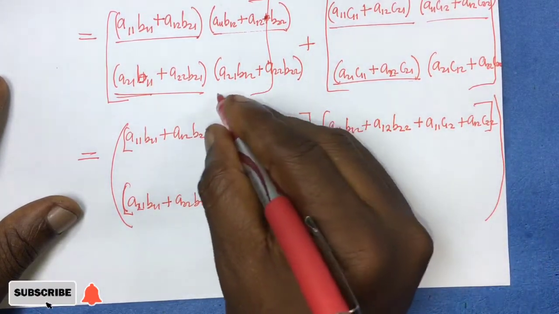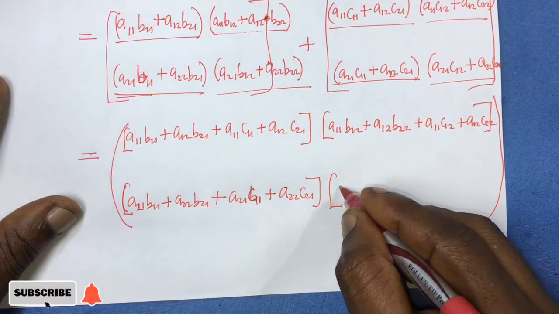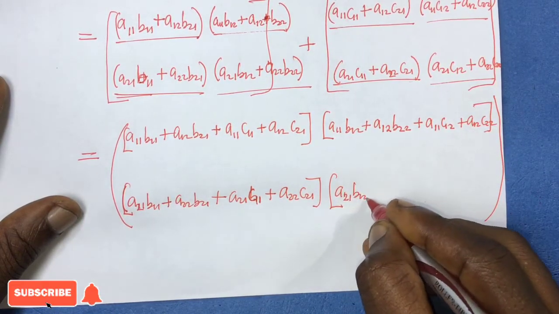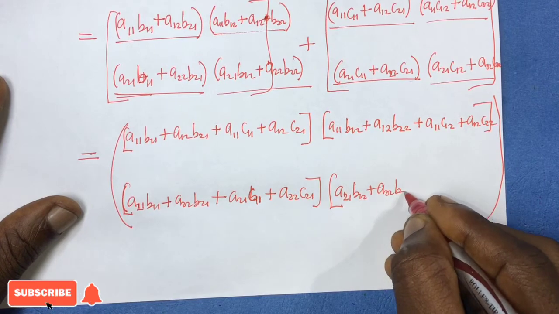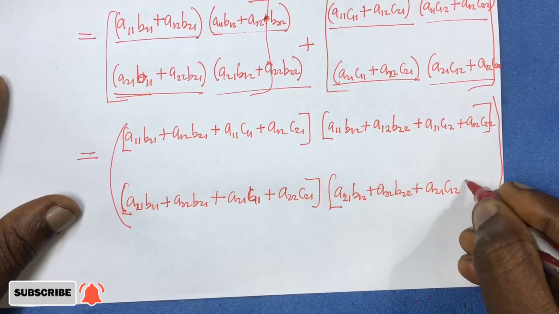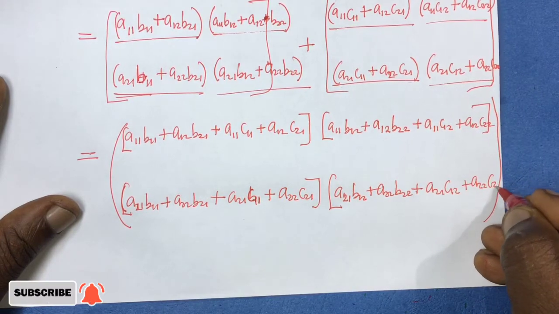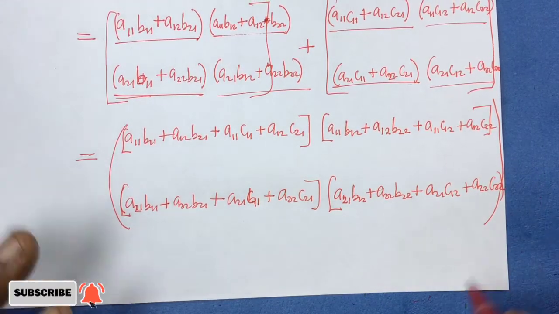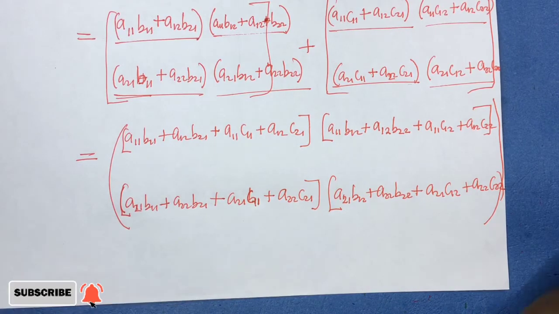Then this will now be this plus this, and that gives you A21 B12 plus A22 B22 plus A21 C12 plus A22 C22.